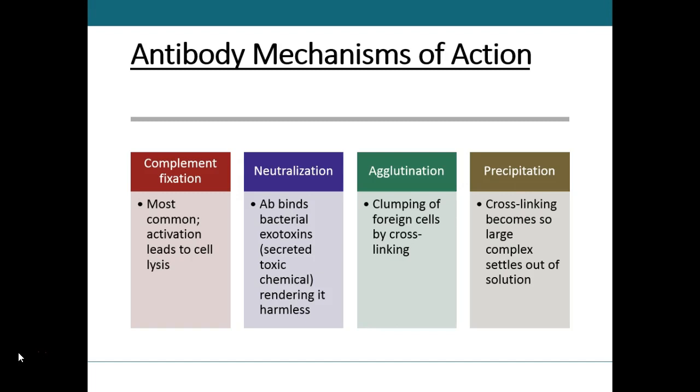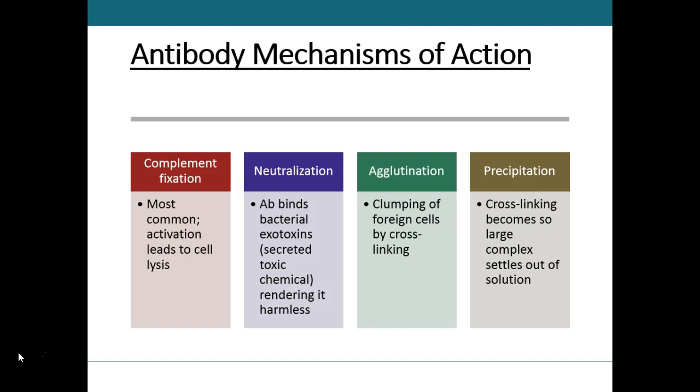So the 5 classes of immunoglobulins vary in their abundance, they vary in their structure, but what they do is based on that structure and the actions they provoke in the immune system. So they can simply bind to an antigen and block or neutralize some of the bacterial toxins or prevent attachment of some viruses to body cells.